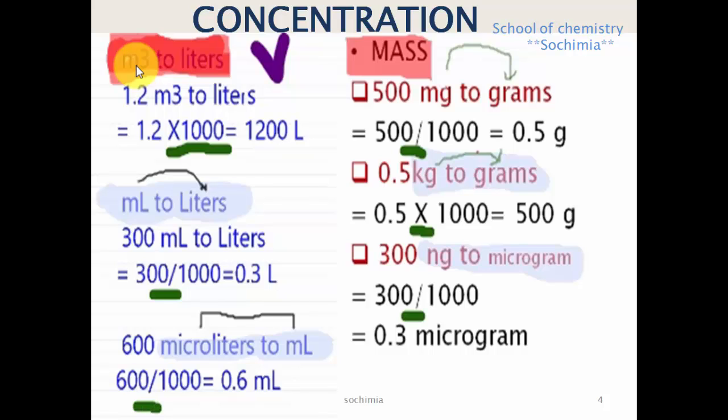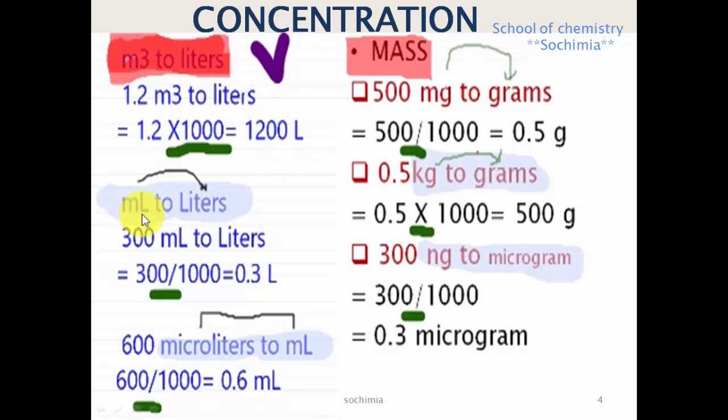We need to multiply the volume in meter cubes by 1000 to get the liters. So 1.2 meter cube to liters is our first problem here. Here we can see 1.2 multiplied with 1000 equals 1200 liters. So this is the volume in liters.